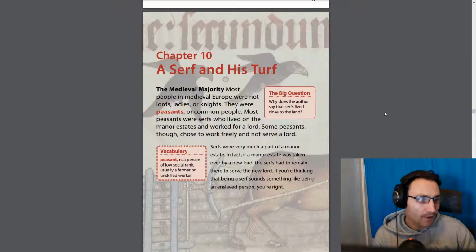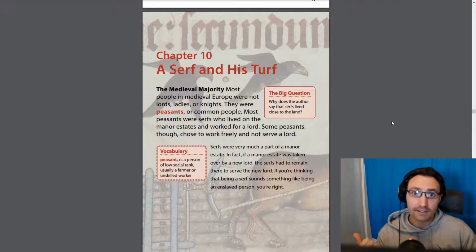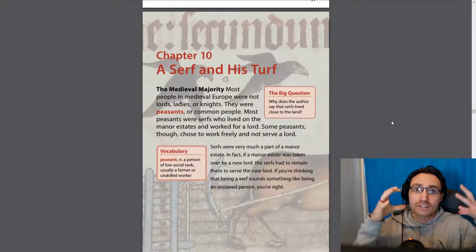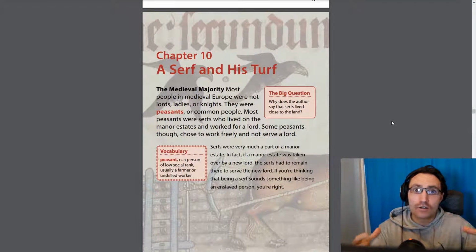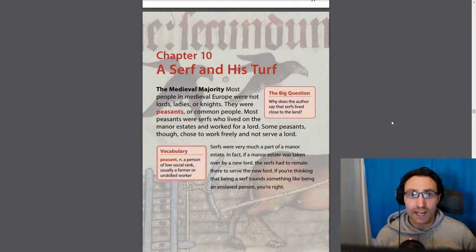I was just talking about our previous few chapters that we read last week and what was covered. So we learned about the manors or the estates, right? How there was the castle, the main hall, and then all of the peasants around the land that worked the land, the serfs.